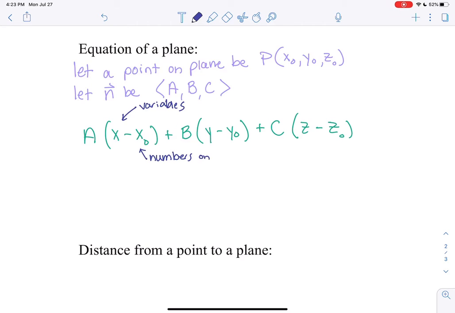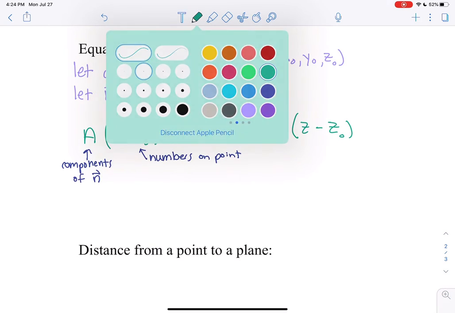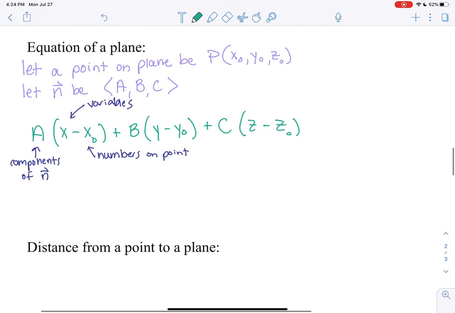Those are the numbers that correspond to the original point. And then A, B, and C are components of the normal vector. Oh, excuse me, I didn't finish the plane equation. All of it is set equal to 0. So you set that equal to 0 every time.